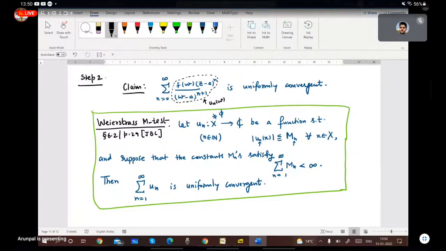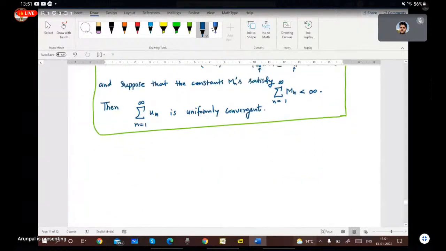Once you choose z, it becomes fixed for the whole discussion, and w is free to move on the trace of gamma. That's why I am writing it as a function of w. So the u_n are functions from the trace of gamma into C. Is this okay class? Yes, sir. Good enough.